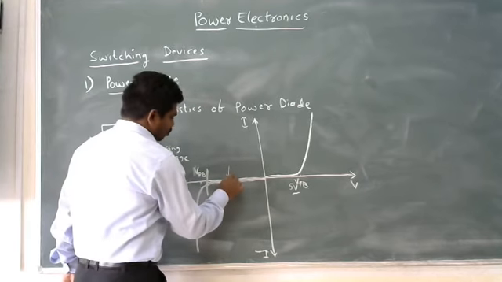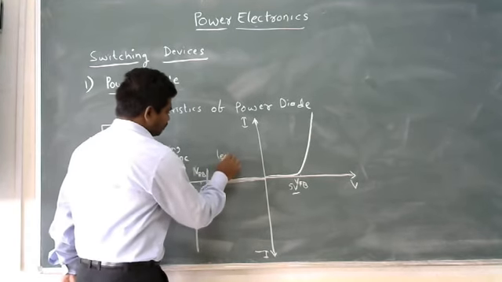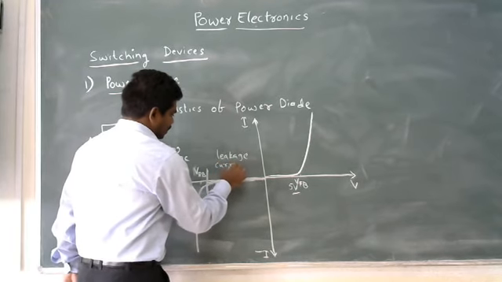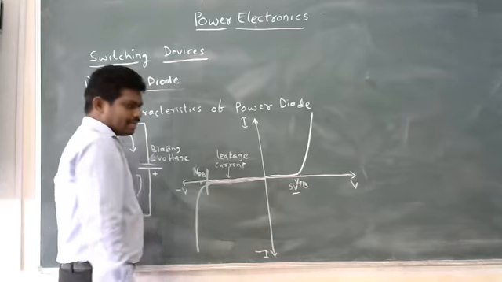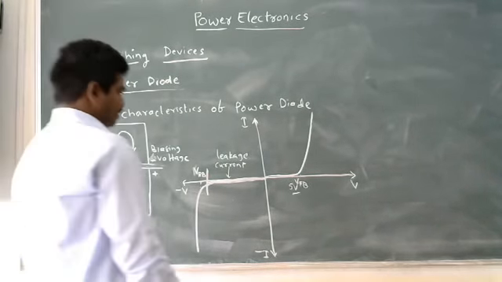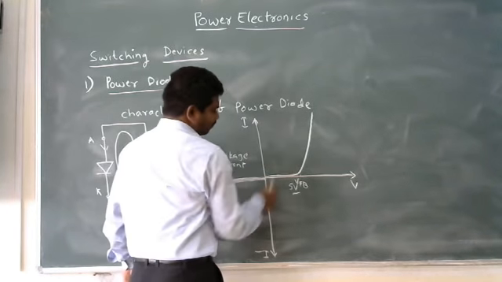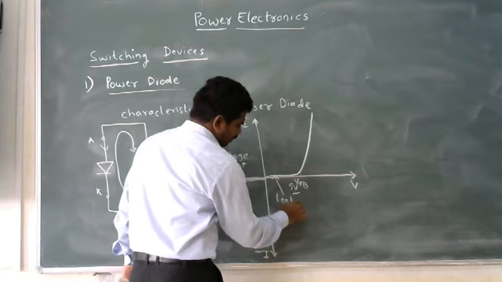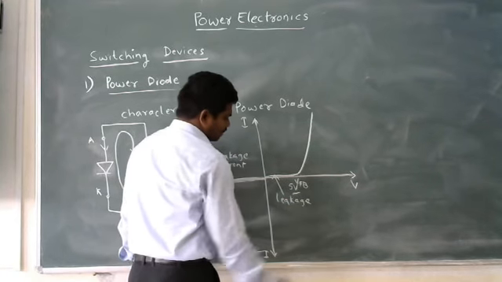This current value is called the leakage current, and leakage current is mainly due to minority carriers in semiconductor devices. In forward bias also, we have some leakage current.